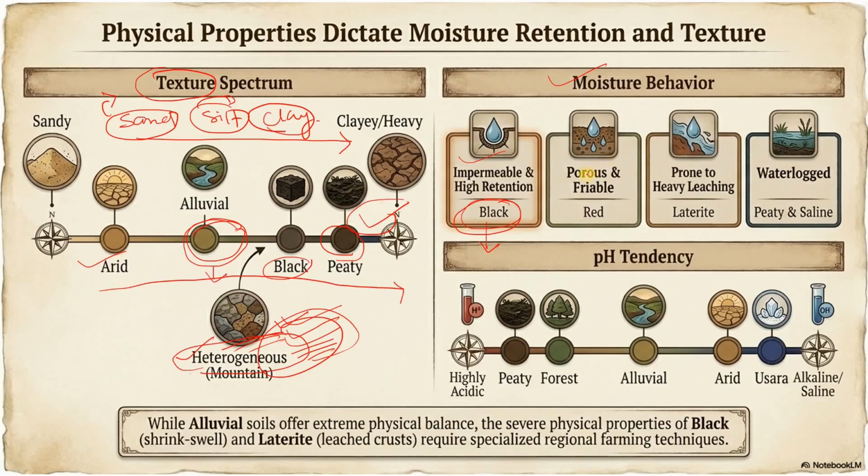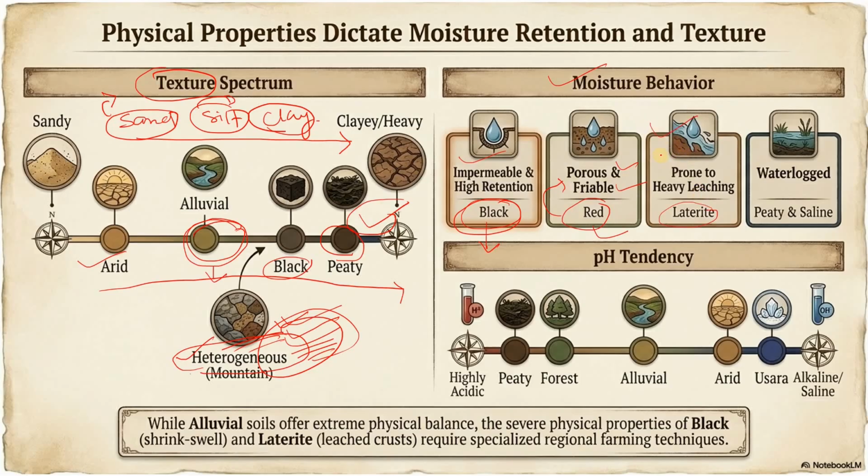Now we are talking about the moisture regime of red soil. These are porous and friable. It has some air in it and it has pores, and this soil is good for the agriculture of most of the crops. Then comes the laterite soil.